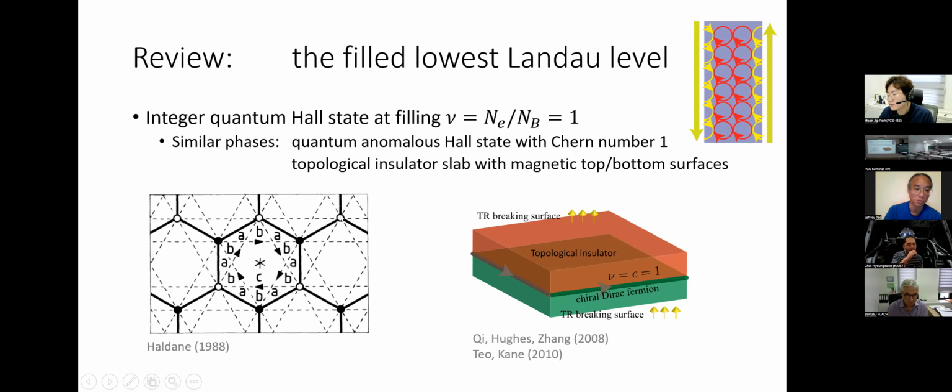And on the right diagram, there is a 3D slab geometry, a thin film geometry of a topological insulator, where on the top and the bottom surface, we put some magnetic impurities to introduce magnetism and therefore open up the surface Dirac mass gap. So in the quasi-2-dimensional limit, you can think of this thin film with magnetic top and bottom surfaces as equivalent to a Chern insulator.